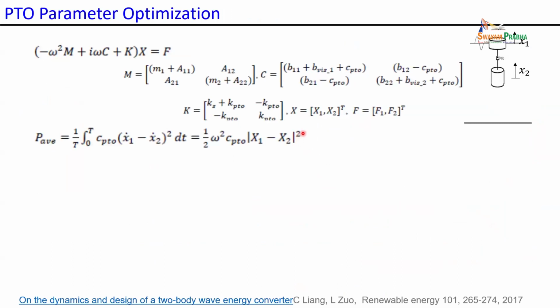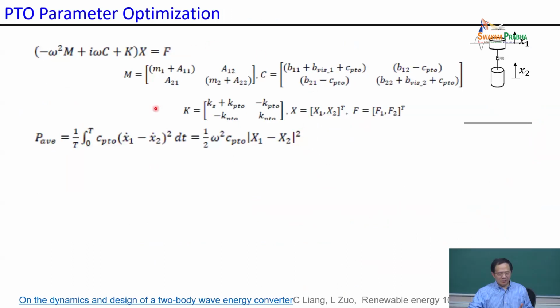So as I mentioned, you can optimize the system and write the closed form solution. For details you can see this paper, I skip that. Basically it is a spring mass system: mass, damping, stiffness, like that. Now you can get the power.